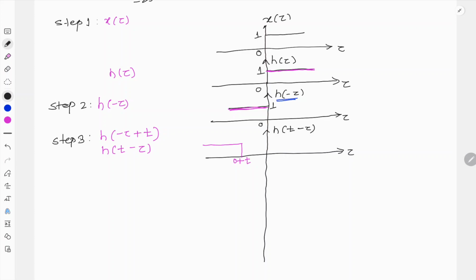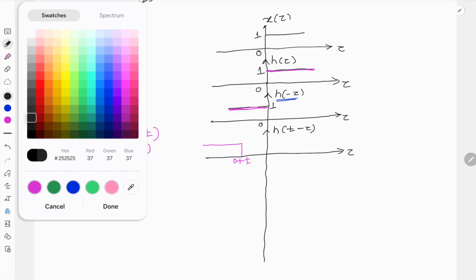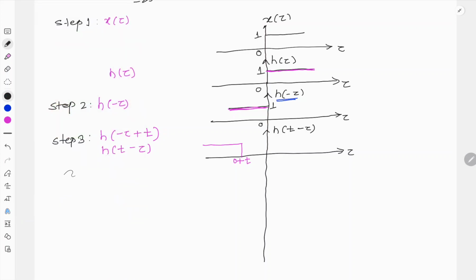Now the next step is step 4. In this step we are going to draw both the signals on the same axis. First we have the x of tau signal with amplitude 1, and second we have the h of t minus tau signal, starting at the coordinate t.